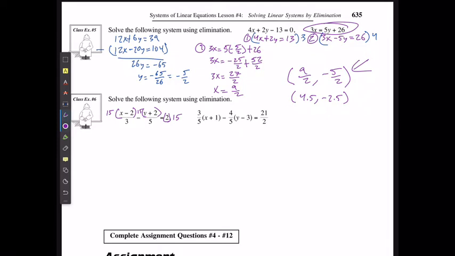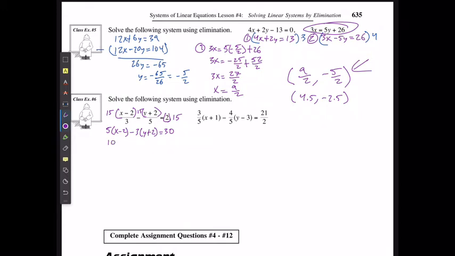I can divide out the coefficient and the denominator and say that 15 divided by 3 is going to be 5 times x minus 2. Minus 15 divided by 5 is going to be 3 times y plus 2, and that's going to equal 30.